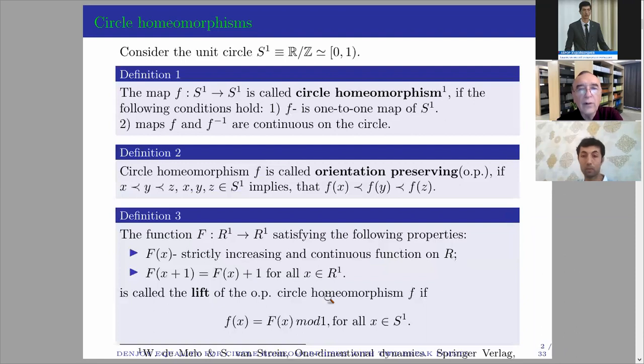So in definition 2, orientation preserving, for 3 points, but is it the same if you take monotone, that if x is less than y, then f of x is less than f of y? Is it the same, or is it a stronger condition? It's stronger, because if we consider just 2 points, since we are considering the unit circle, we identify 1 and 0 as one point.